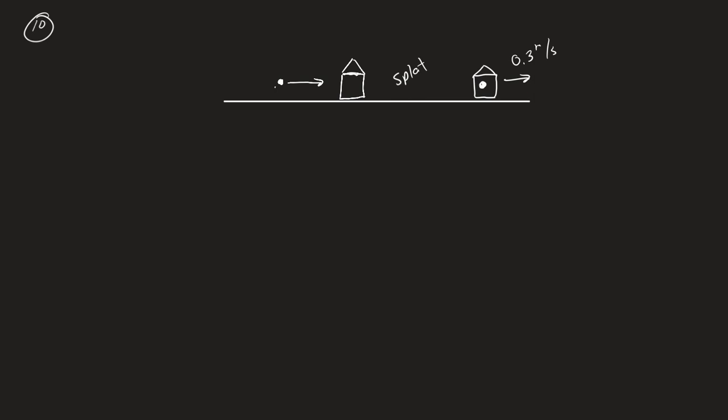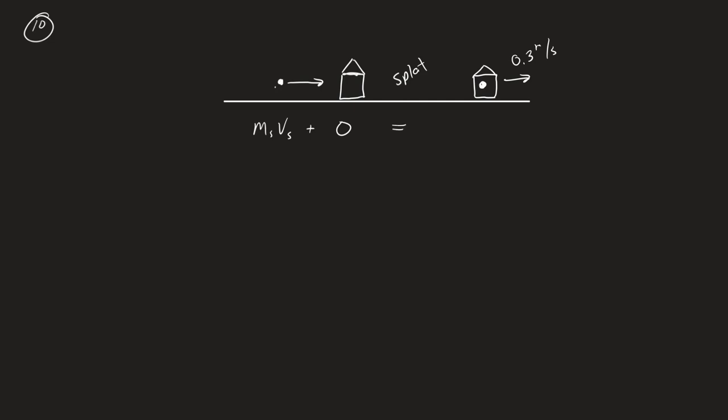I assume they gave us the mass of the spitball and the mass of the milk carton. This is not that interesting. We already kind of did this problem, but it's just going to be the mass of the spitball times its velocity plus 0, because the carton's not moving. That's the before momentum.